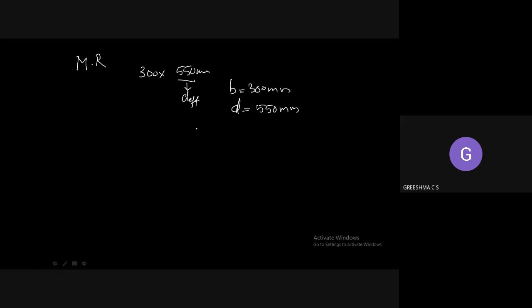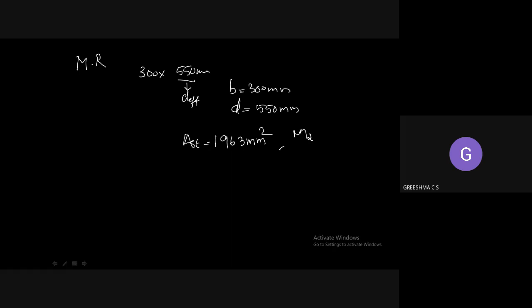Then they have given AST, the area of steel. Previously you had to find out AST, but here they have directly given the AST value. Questions can be asked the other way around like this. 1963 mm square. In the previous case you had to find AST from three numbers of 12 diameter bars. Here AST is directly given.